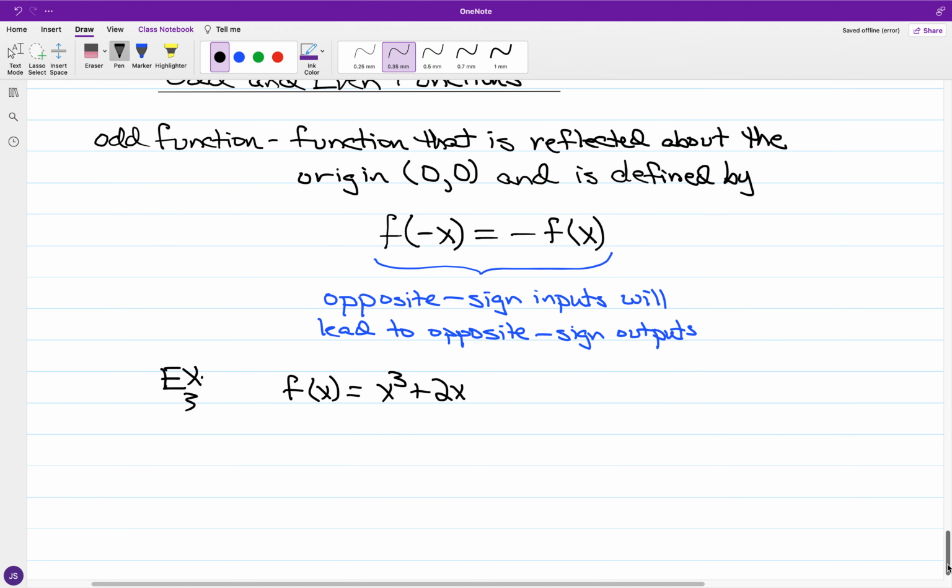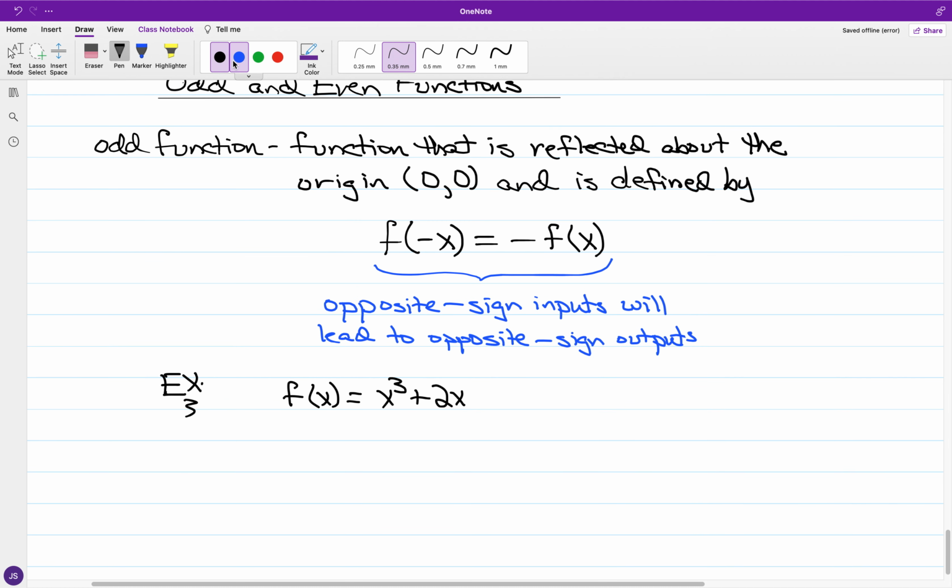And where all the terminology is going to come in. Okay, so you got f of x is equal to x cubed plus 2x. Just looking at what we have here.